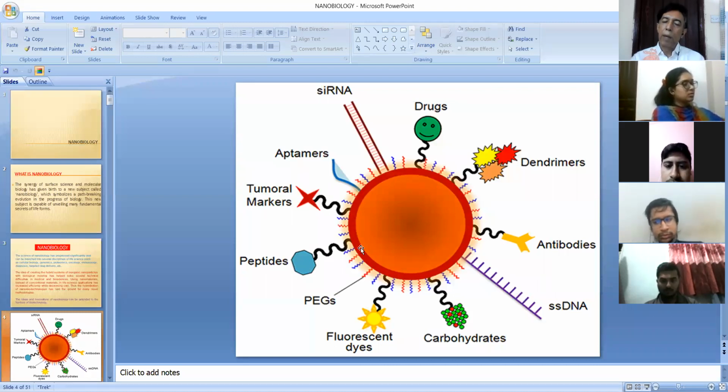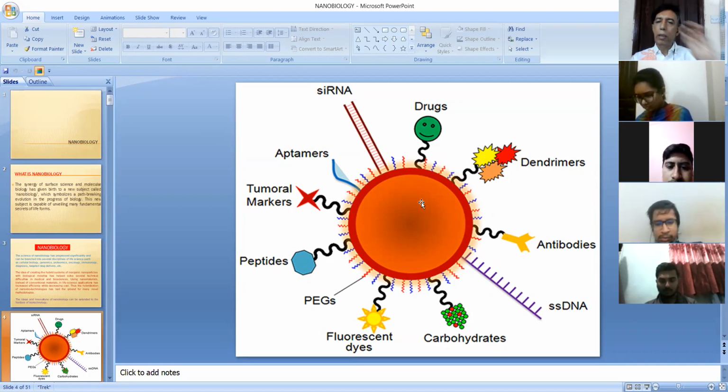By telling about the gold nanoparticle, it means it is not one atom of gold. Again, I'm telling you, this is not one atom of gold. This is a collection of gold molecules which have a nano dimension.